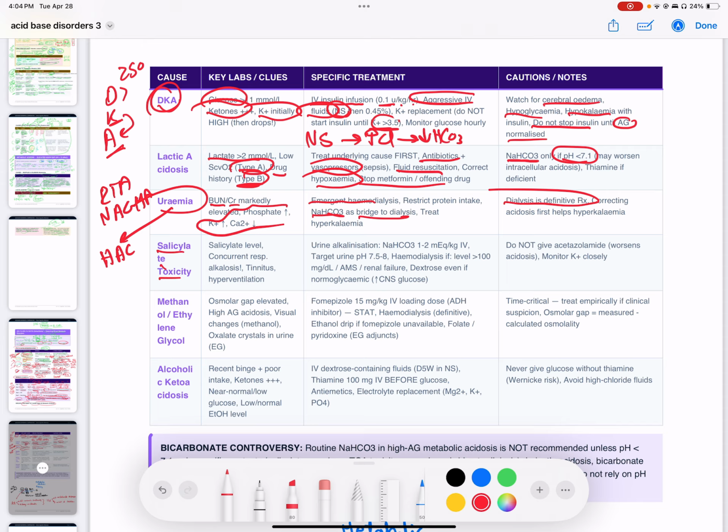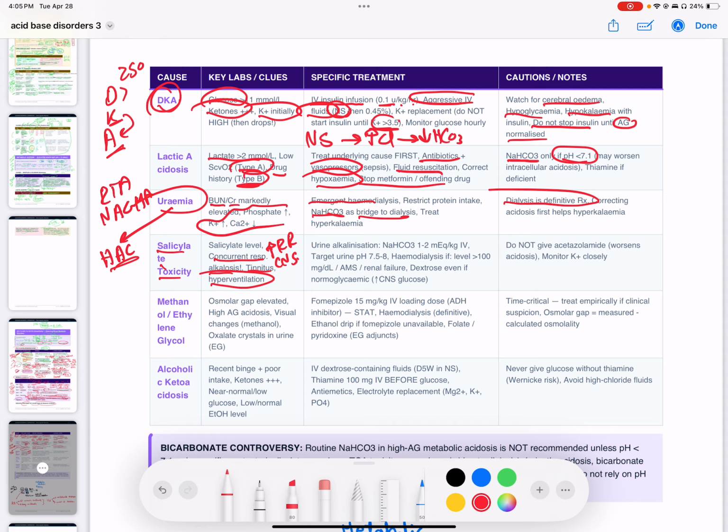Sometimes it's salicylate toxicity. Salicylate is salicylic acid. So it causes high anion gap metabolic acidosis, but sometimes it causes concurrent respiratory alkalosis as well. How does this happen? By increasing respiratory rate through CNS stimulation. So it causes respiratory alkalosis and usually can also cause tinnitus.